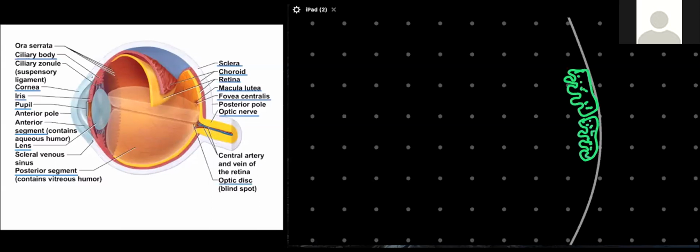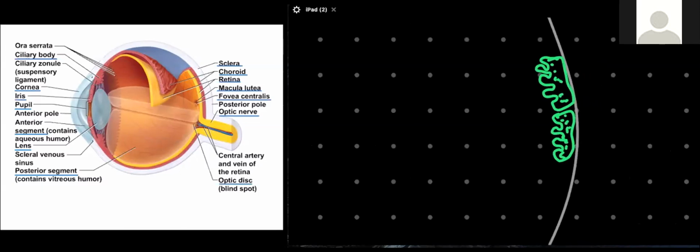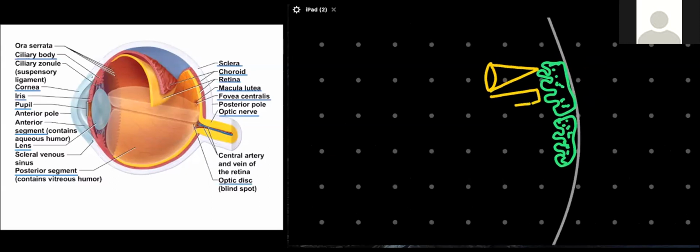And the function here of those pigmented cells is to absorb the light that was not detected by the nerve cells in the retina. Another layer that I can see just in front of the pigmented cells are going to be the receptors responsible to detect light. And we've got two main types of those receptors.